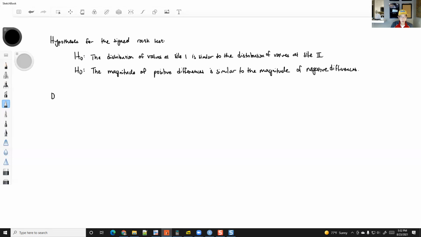So I'll start off with directional ones. Directional alternative will be basically something like the magnitude of positive differences is greater than the magnitude of negative differences.